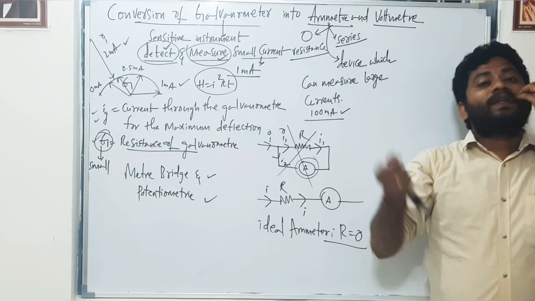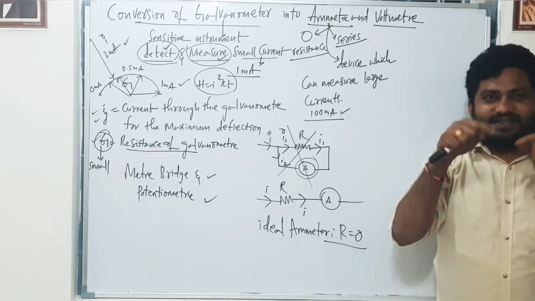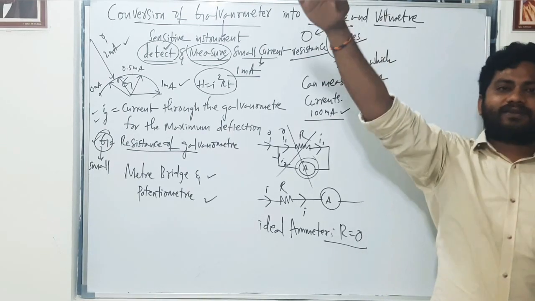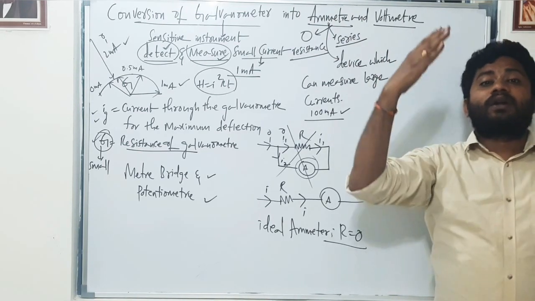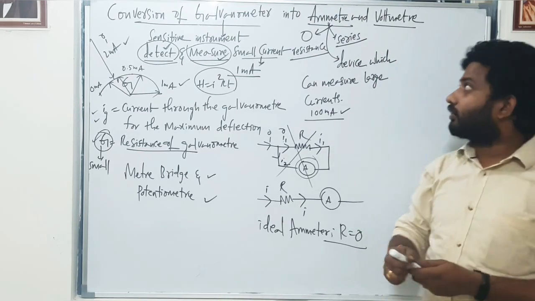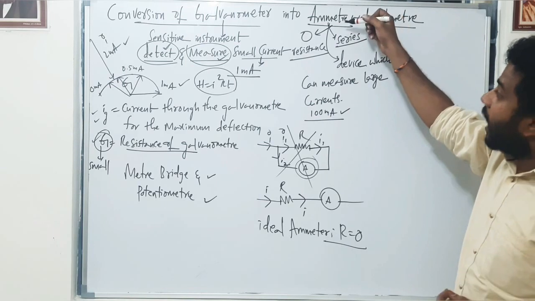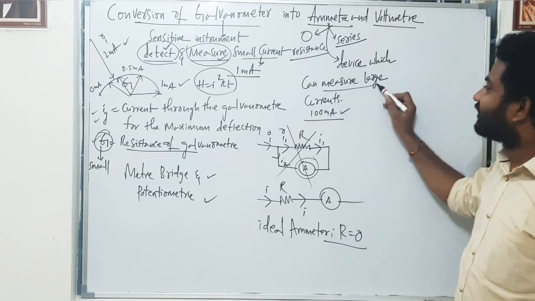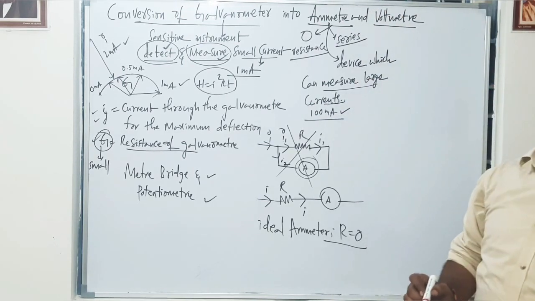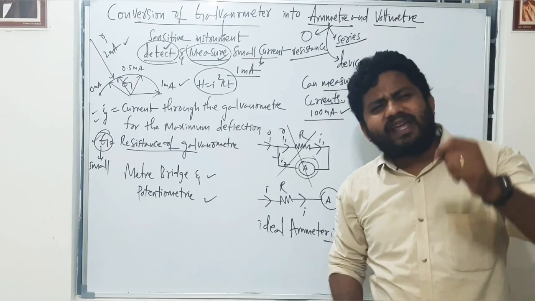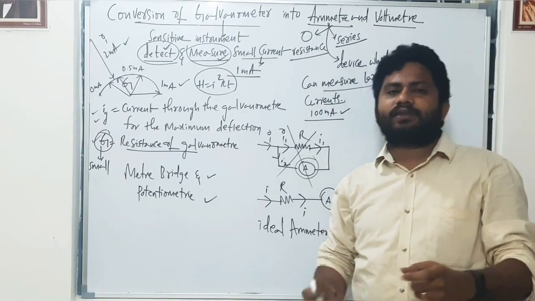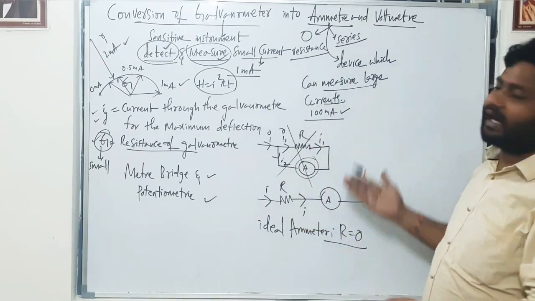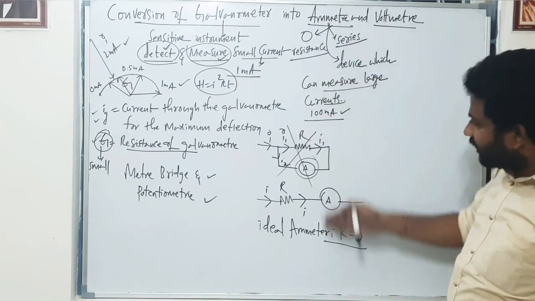Understand? When the resistance of the ammeter is zero, maximum current passes through it, and our description of the ammeter is satisfied, because an ammeter is used to measure a large amount of current. When it has very little resistance, it can measure a large amount of current. Clear? This is about the ammeter.